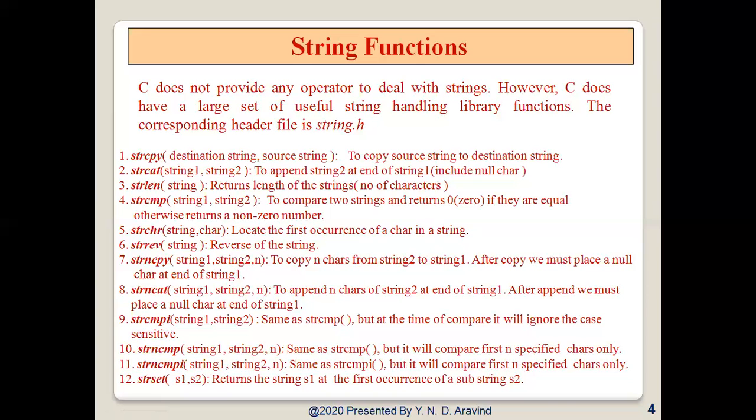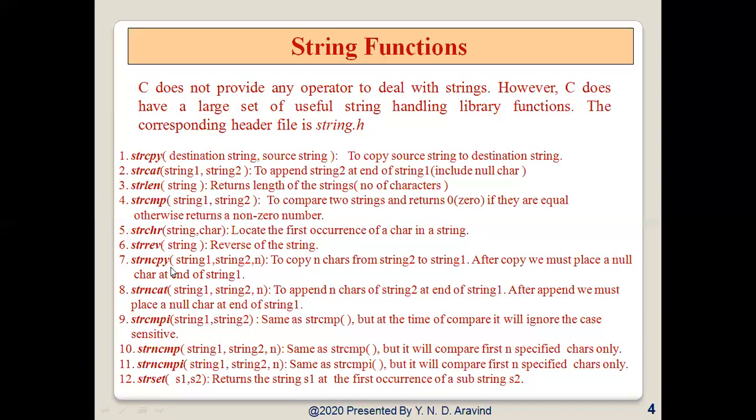We will see in detail when we go into that function. Next, strrev, string reverse. It will reverse the given string and store the reversed value again in the same string.